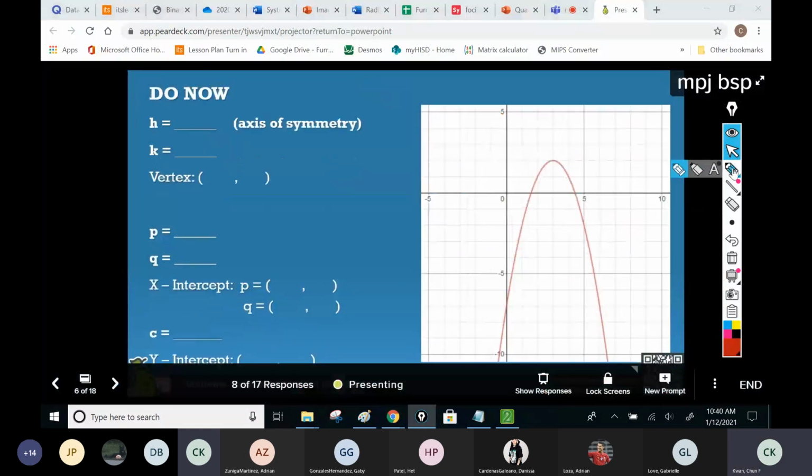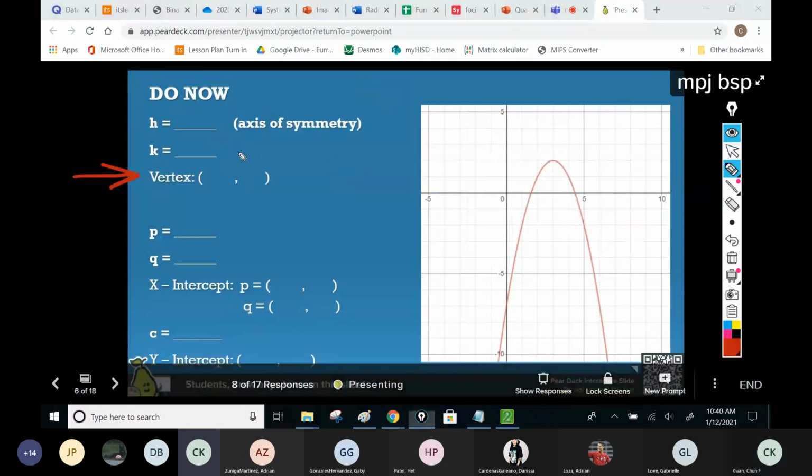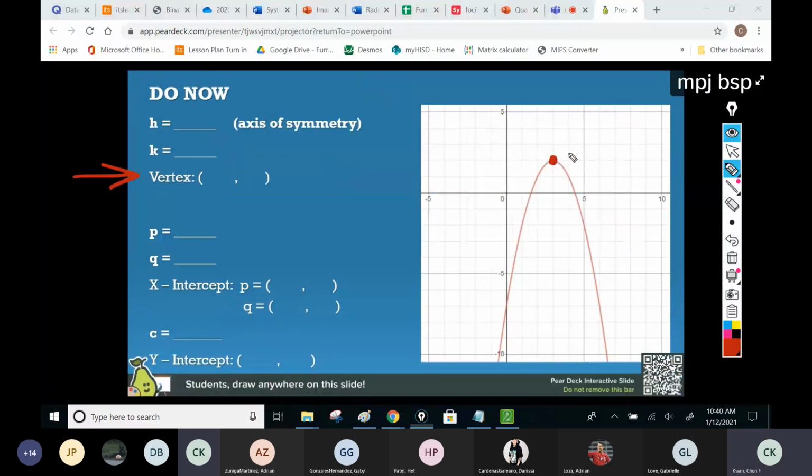All right, let me go over this. The vertex is the tip of the graph. The location is 3 and 2. Then 3 is the H, 2 is the K. The H is 3, the K is 2.